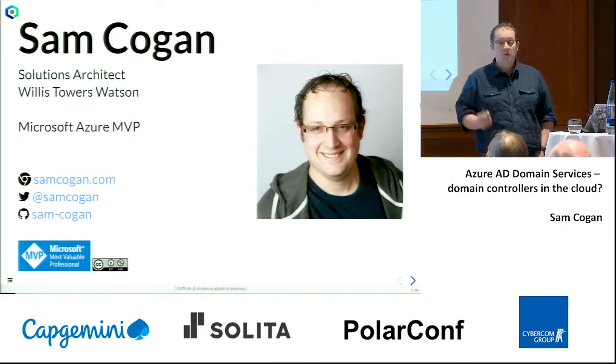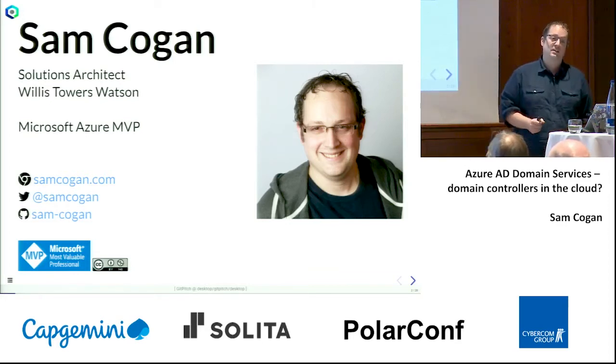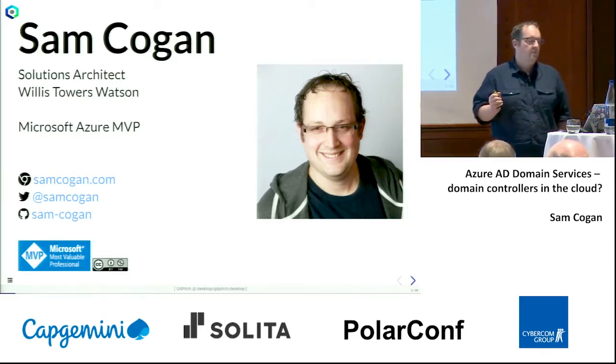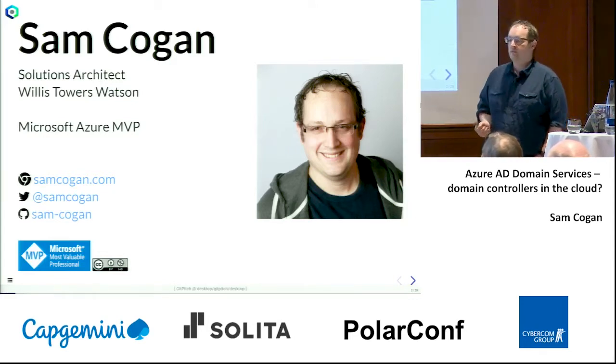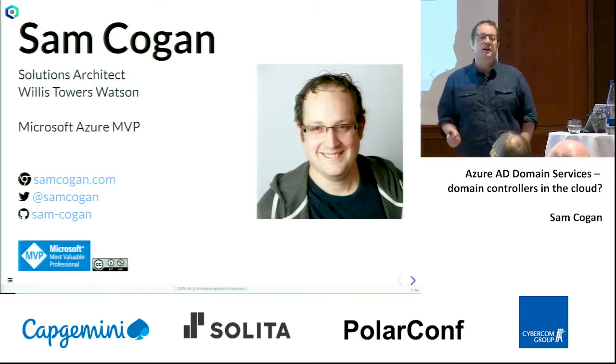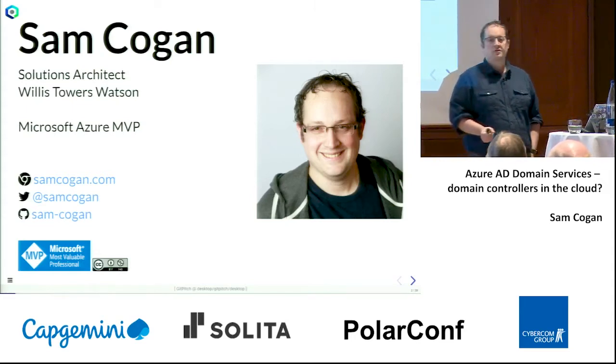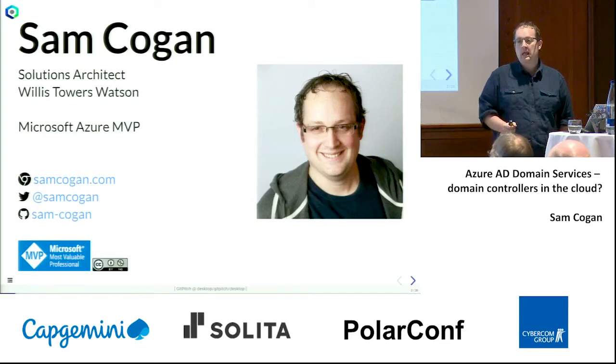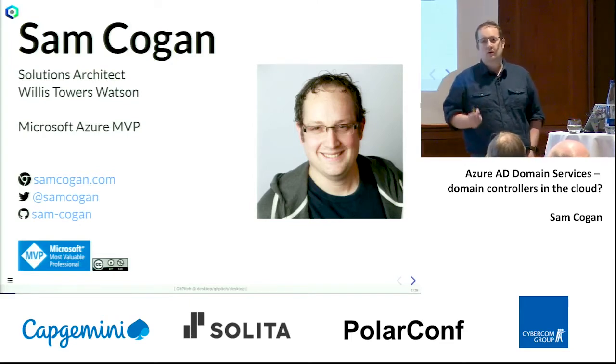We have a lot of new shiny stuff as well, but there are a lot of legacy things that actuaries like to use. And because of that, we have the privilege of having to deal with the fact that most of these applications expect to be able to talk to some sort of Active Directory domain. And this then proves to be a pretty big challenge when you start looking at trying to migrate these services into the cloud.